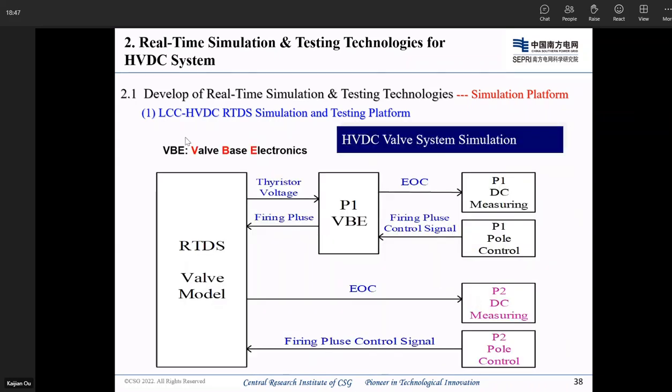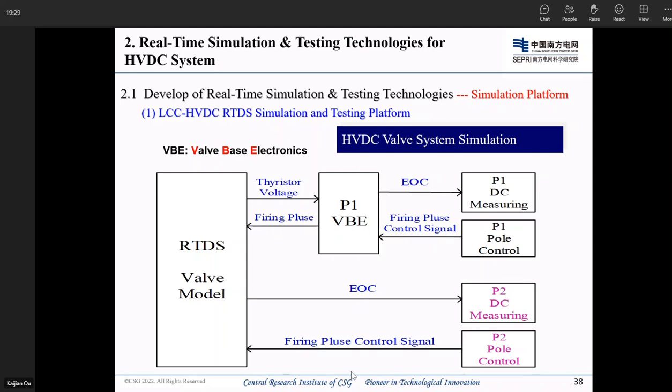And also in the RTDS and LCC HVDC platform, we also simulate the VBE, the wire-based electrode, connected inside. Only pole 1 uses the VBE. That is to say, pole 1 DC measurement and pole 1 control use the pole 1 VBE to simulate the VBE function here.